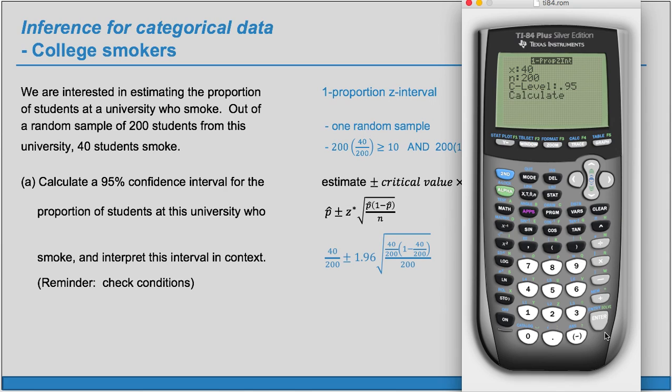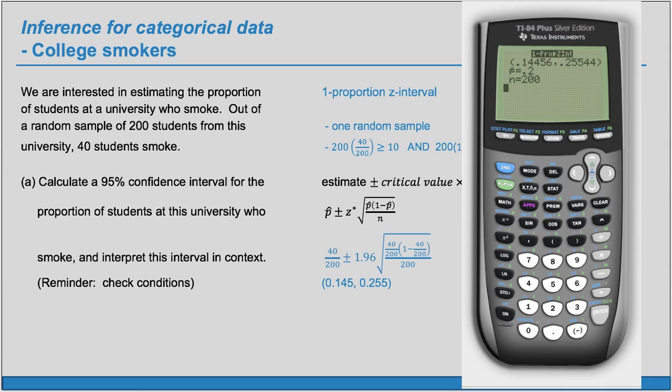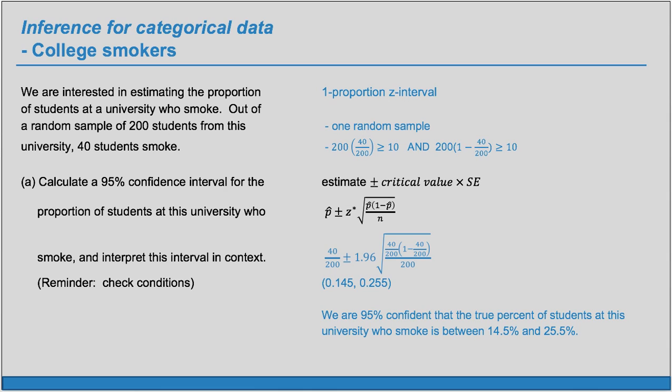Just remember that x has to be an integer because it's the number of yeses, not the proportion of yeses. Okay, and so we get our interval here, and then let's record that here. We have 0.145 to 0.255. And so now we can interpret. We're 95% confident that the true percent of students at this university who smoke is between 14.5% and 25.5%.